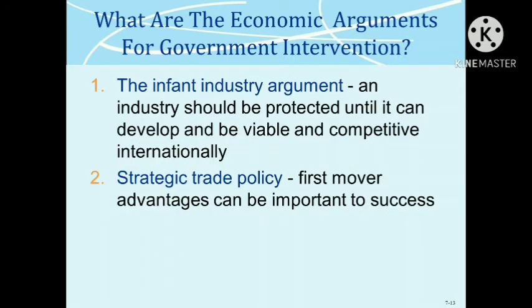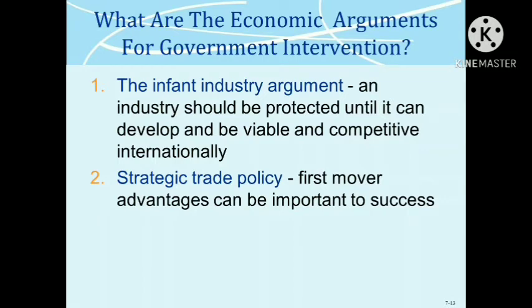What are the economic arguments for government intervention? With the development of the new trade theory and strategic trade policy, the economic arguments for government intervention have undergone a renaissance in recent years.